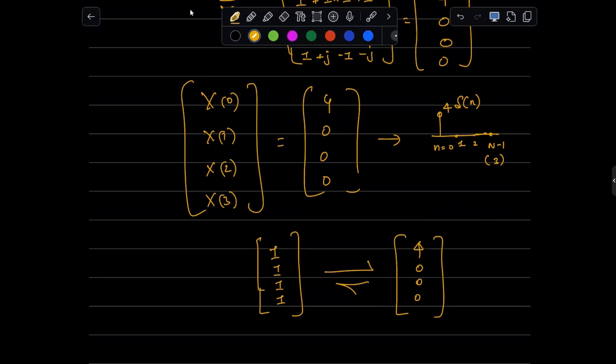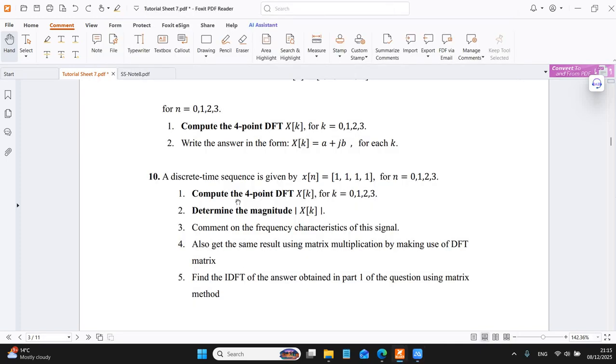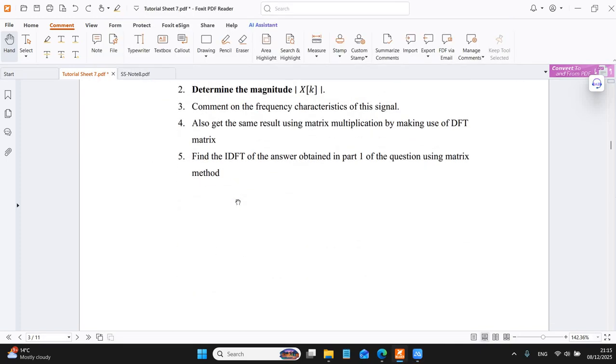Now, the last part of this sheet is: find the IDFT of this answer. So this is our x. To find the IDFT, you got the answer by multiplication. I can say the magnitude is the frequency characteristics of the signal.